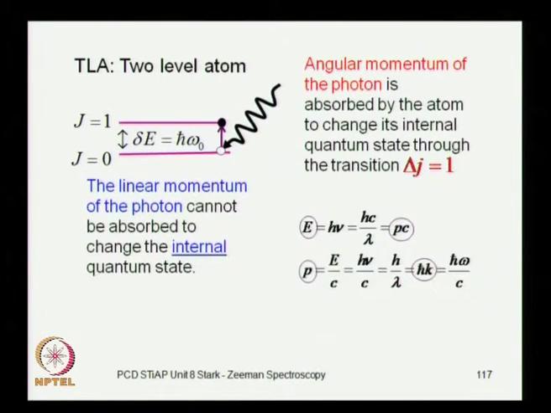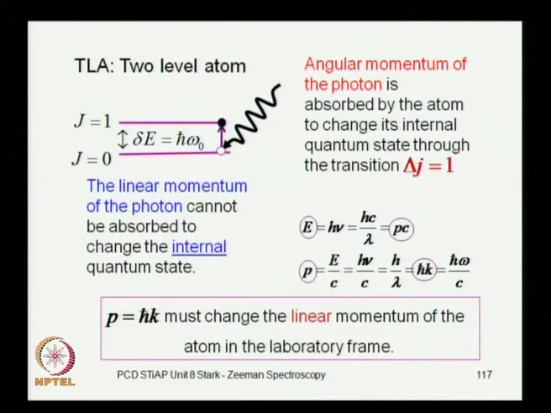And if you look at the expression for energy, which is equal to Pc, and there is absolutely no coincidence about this, the momentum is h cross k. So, this momentum which is absorbed by the photon must change the momentum of the atom in the laboratory frame.